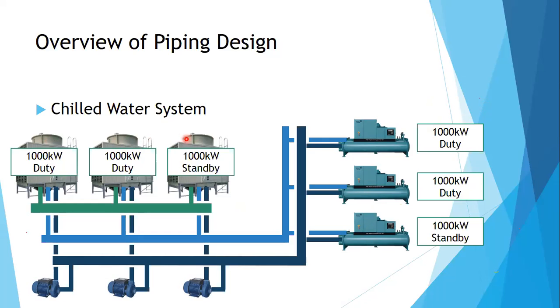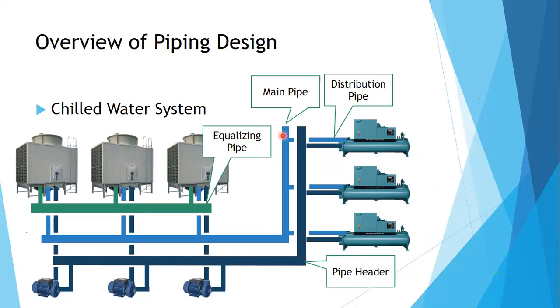Nevertheless, it is regardless of which chiller or which cooling tower you are using. You can have this as duty, standby, or you can have this as duty, standby, duty. It doesn't matter. Why? Because you have pipe headers. That's the purpose of your pipe headers.